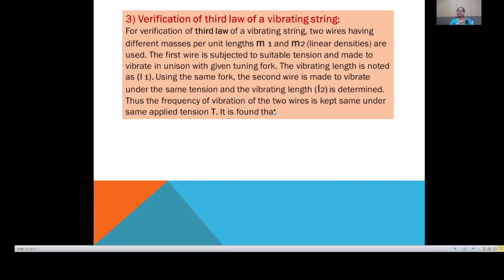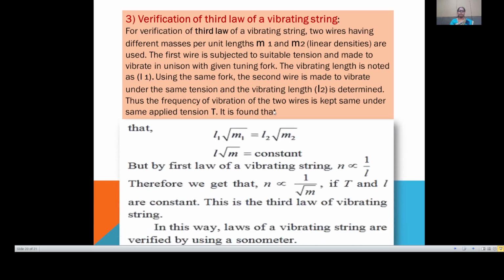The vibrating length is noted as L1 using the same fork. The second wire is made to vibrate under the same tension and the vibrating length L2 is determined. Thus, the frequency of vibration of the two wires is kept the same under the same applied tension T.